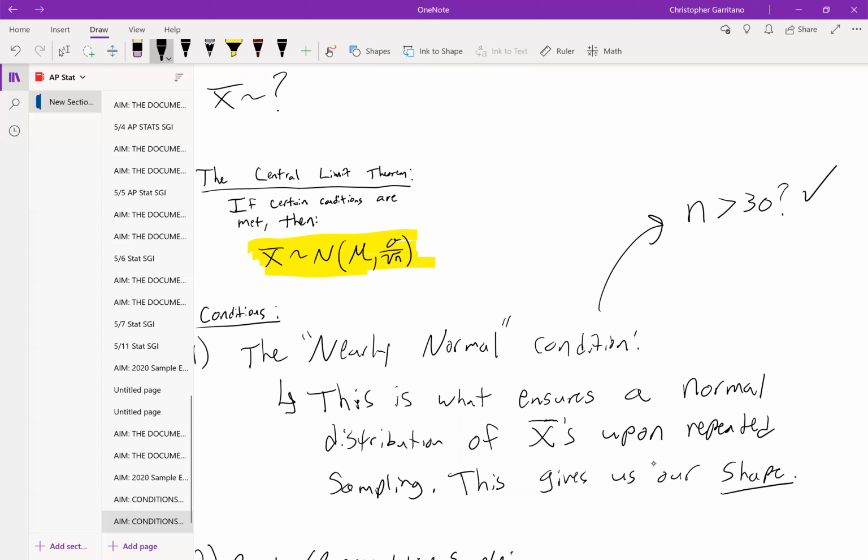If not, though, then you might ask yourself, is the sample, the group of people that you pulled out of the population and then calculated an average for, that sample of ounces eaten, nearly normal?